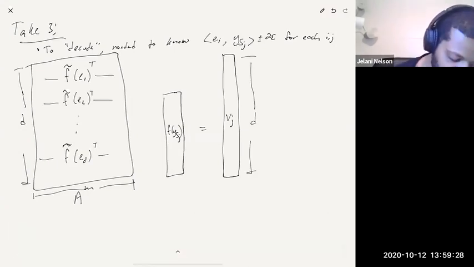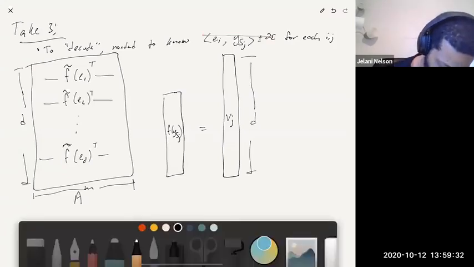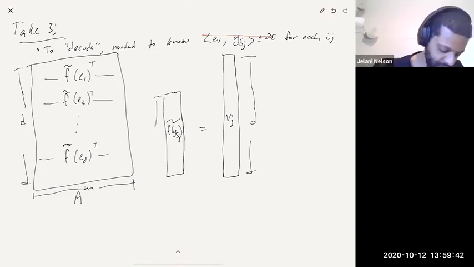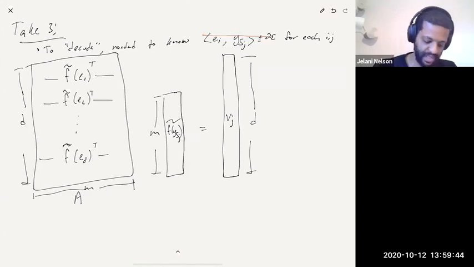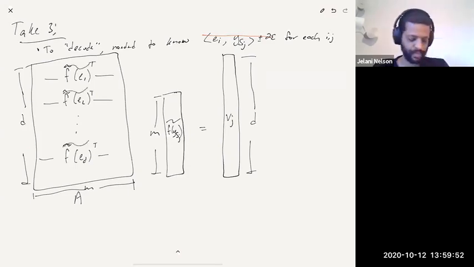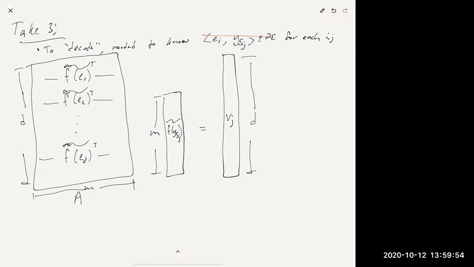F tilde of y_{S_j} is m-dimensional, that's correct, but v_j is d-dimensional, since it's the whole product: all the dot products, and there are d of them.